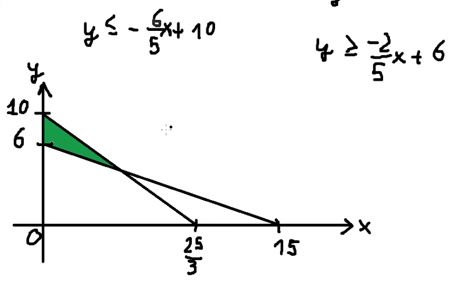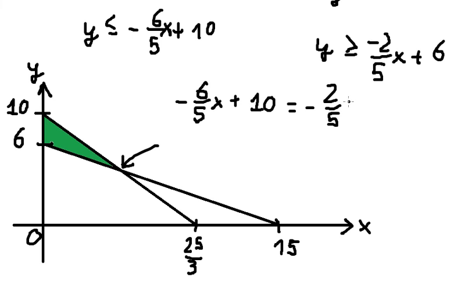Next, we need to find the intersection in here. So we have two equations. We put like this. Now I will put this one to the left, number 10 to the right.